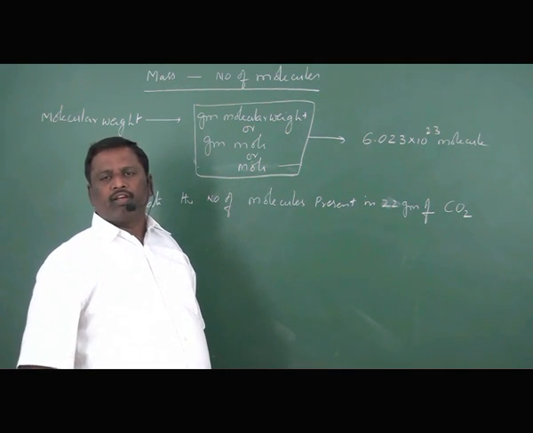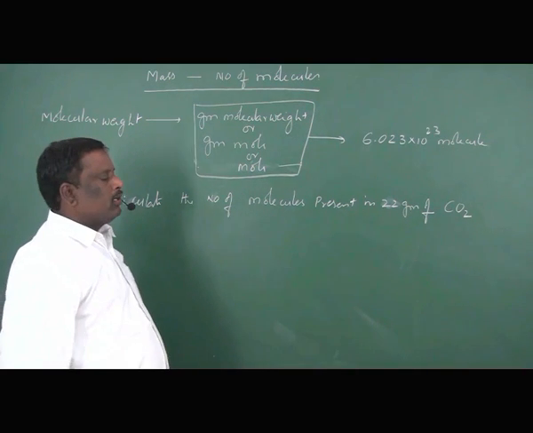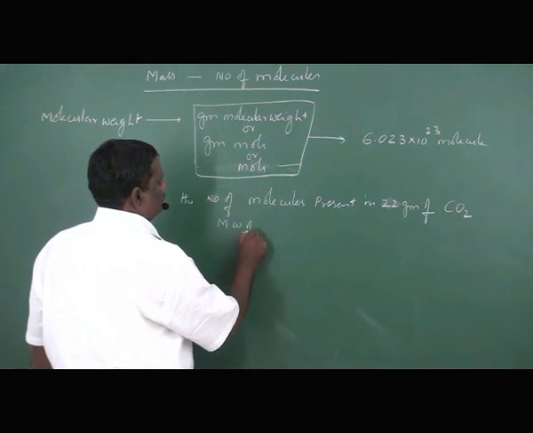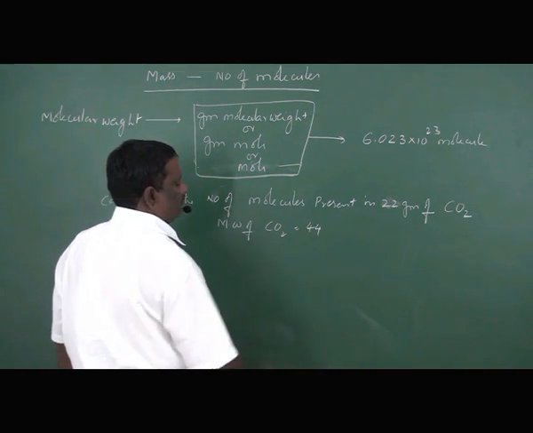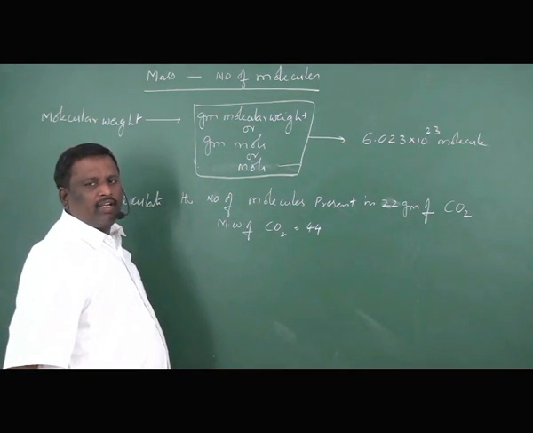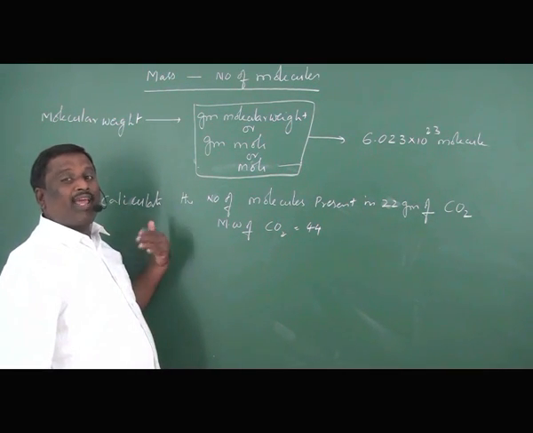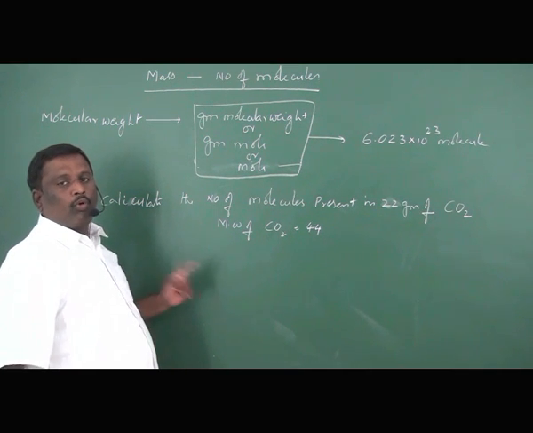What is the molecular weight of the given substance? The given substance is carbon dioxide. So, the molecular weight of carbon dioxide is 44. If you take 44 grams of CO2, then it will be equal to 1 mole.